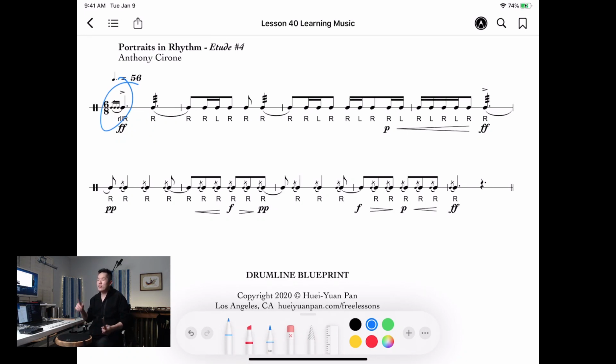When I heard that he was retiring this year, I went back and listened to that piece of music, because in the beginning of that piece, you have to play a ton of these four-stroke roughs in a row. And I remember him saying to me, okay, Huei-Yuan, I'm giving you the four-stroke rough part.